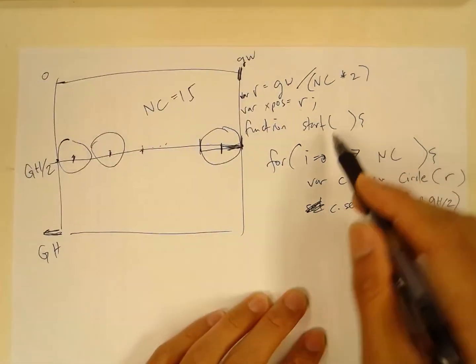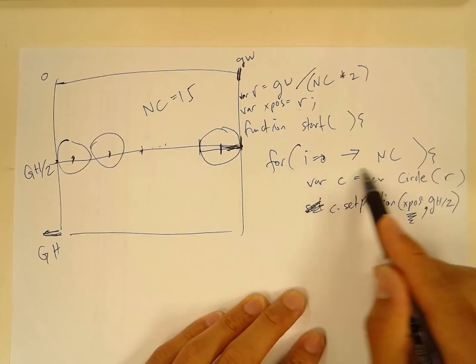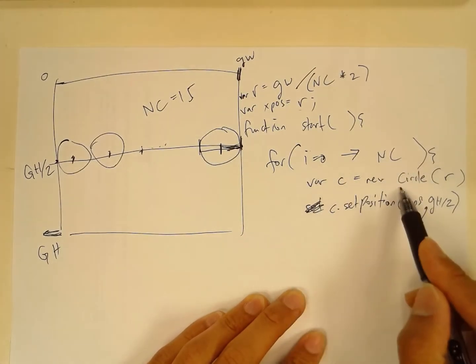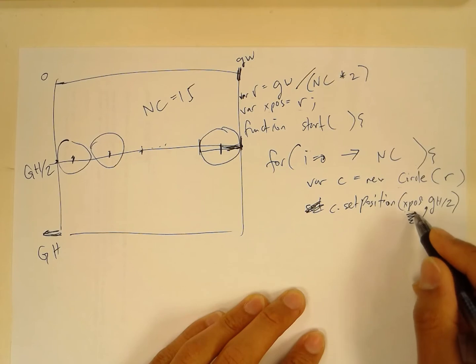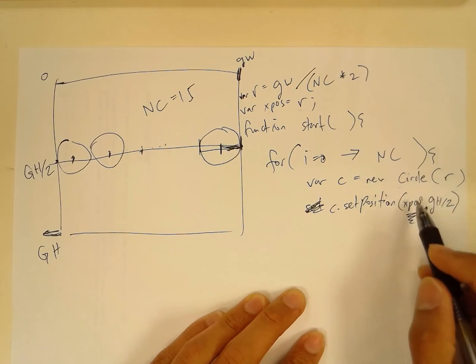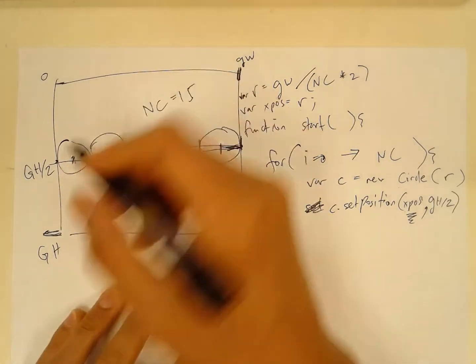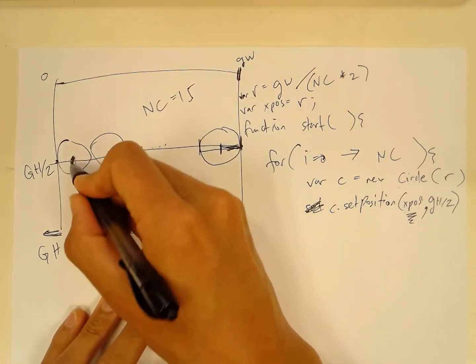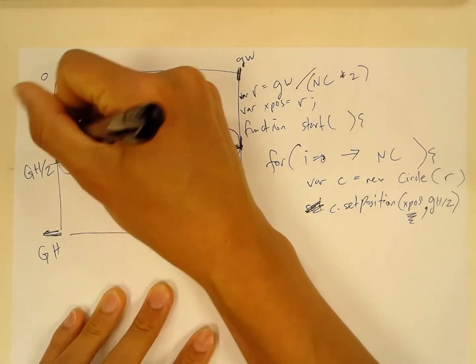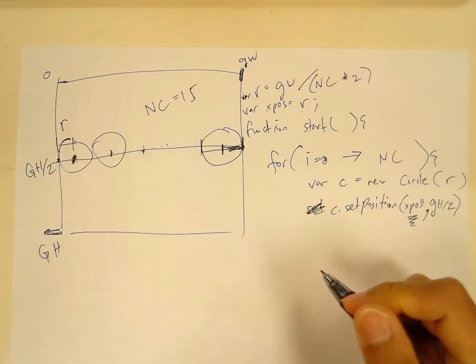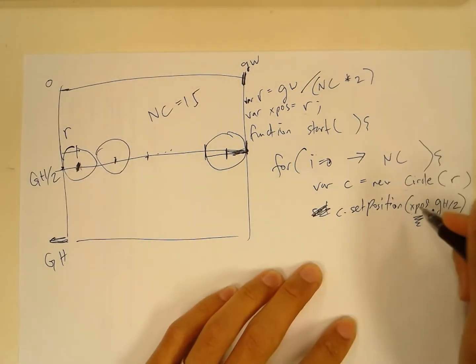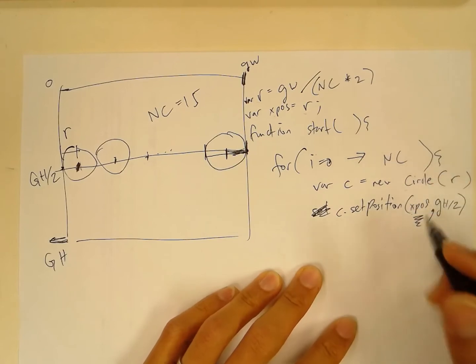Because when we enter into the start function, we are going to come into this for loop, and then we're going to make our first circle, and the first circle is going to be placed at xpos. So what should we set the xpos variable to in the very beginning? We set it to this point right here. And what is this point? This is radius.